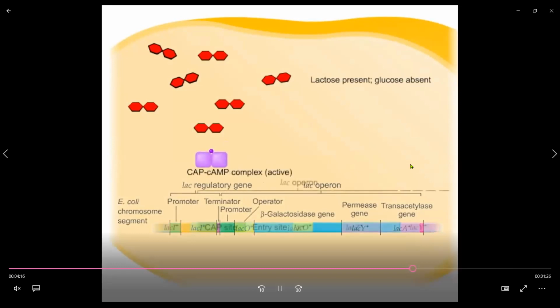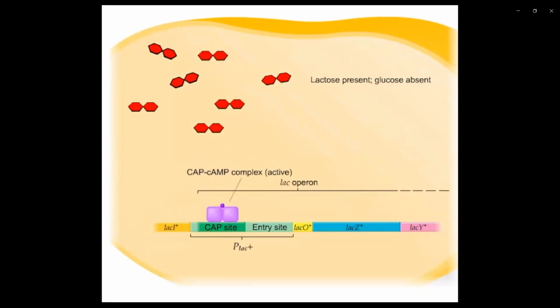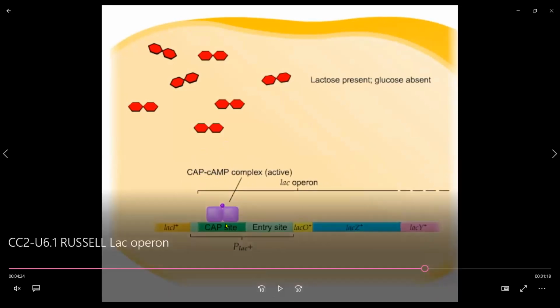See, active CAP-CAM complex. There is a Lac promoter, and in the Lac promoter, the CAP-CAM complex has come and bound. Once this has been bound to the CAP site, what happens?